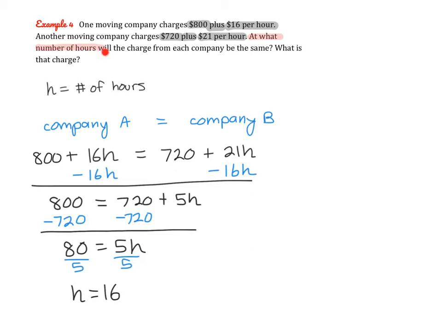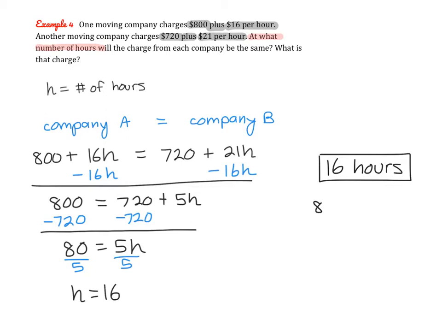So it says, at what number of hours will the charge from each company be the same? So that would be our H value. So the first part of our answer is 16 hours. But then they also ask, what is that charge? So again, we're going to need to substitute 16 for H into either expression to help us figure out what the charge is when the company is working for 16 hours.